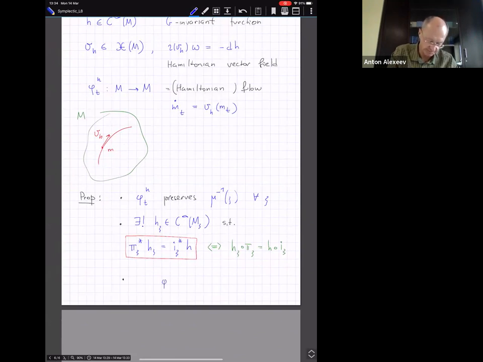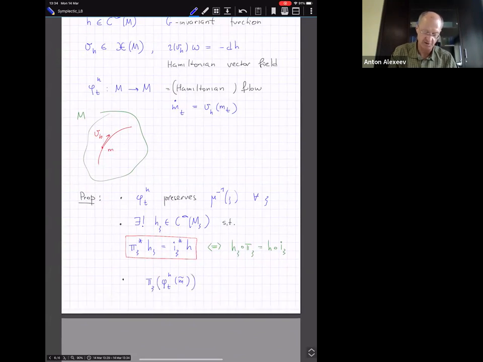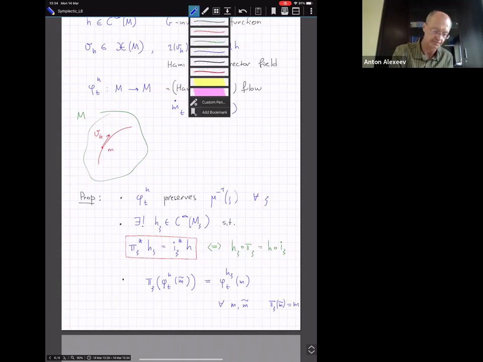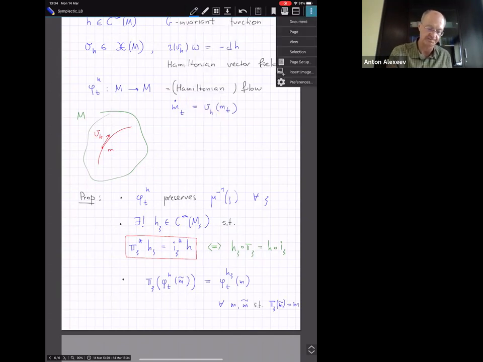So you can move the point m tilde by phi t of h upstairs and then project, or you can move the point on the quotient space by the Hamiltonian flow of h psi, and this is for any m tilde such that one of them is in the preimage of the other.